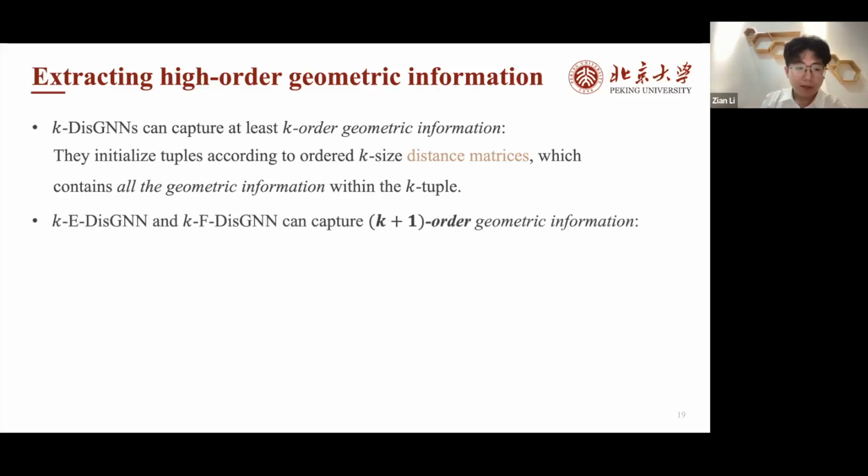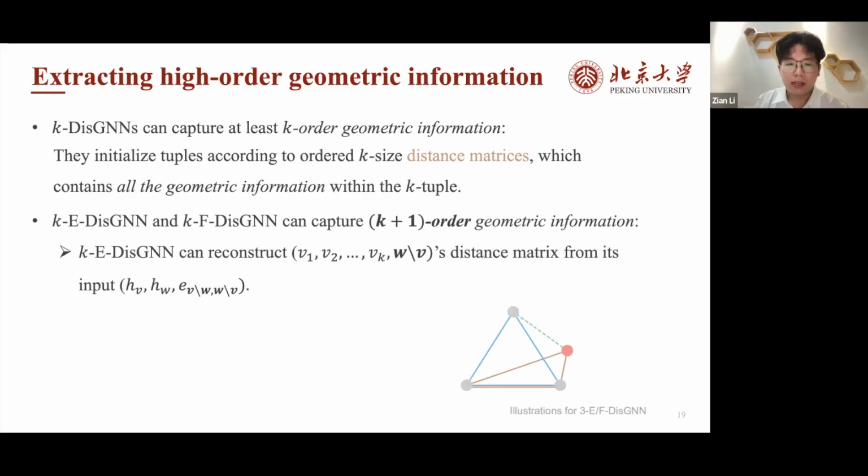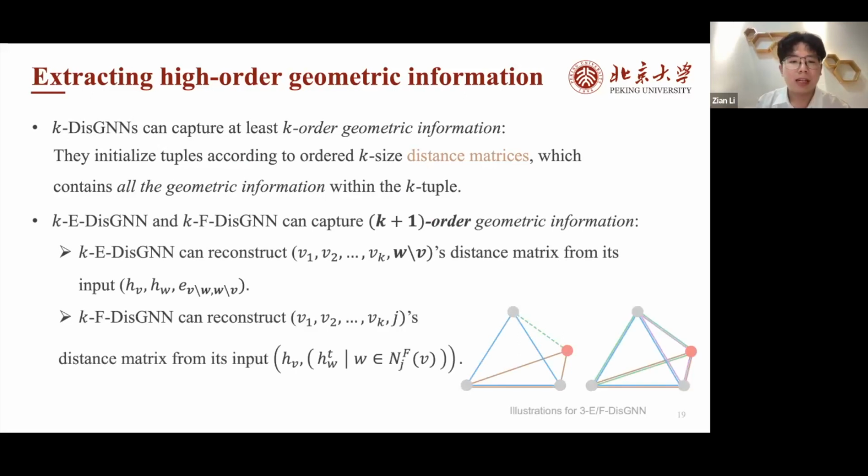And then we show that kE- and kF-DisGNN can actually capture (k+1)-order geometric information, because kE- and kF-DisGNN can somehow reconstruct all the (k+1)-tuples from its input.